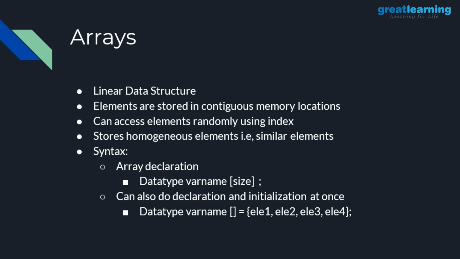If 5 is stored at some arbitrary address, say 100, then with int being 2 bytes, the next element's address will be 102, then 104. So there is a sequence to it.